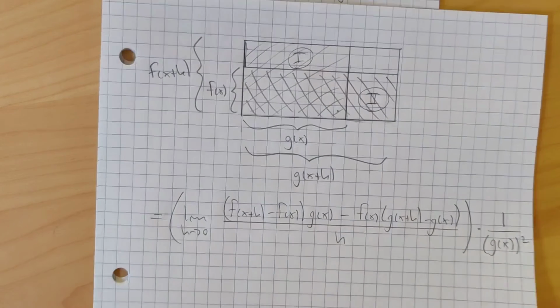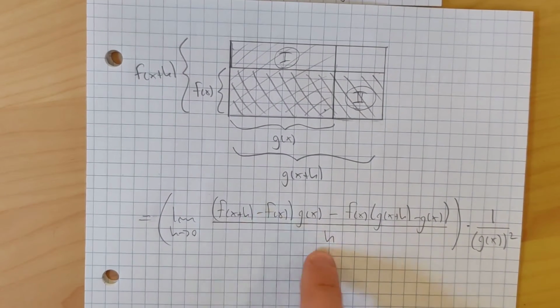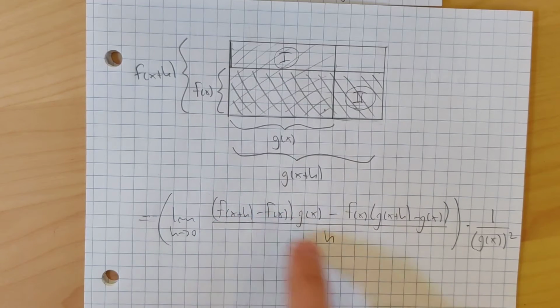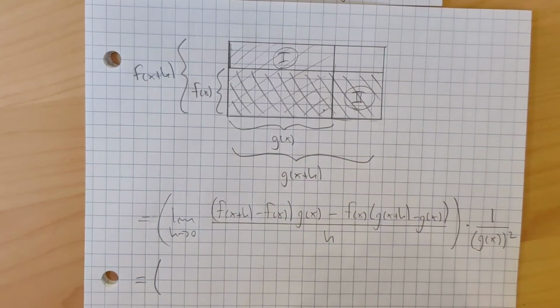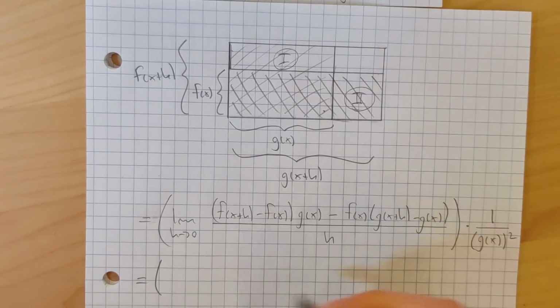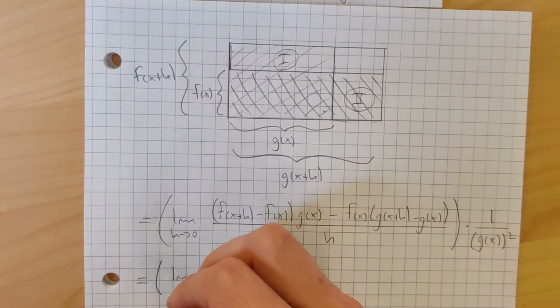All right, and now you can see we're almost done. We have the derivatives of f and g waiting in here, this f of x plus h minus f of x over h. So we're just going to move stuff around and split this up into 2. Let's do it in 2 steps.